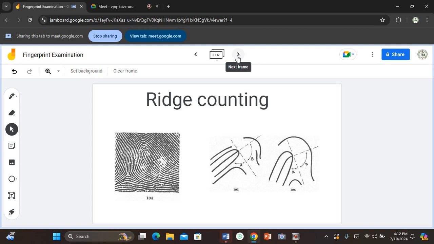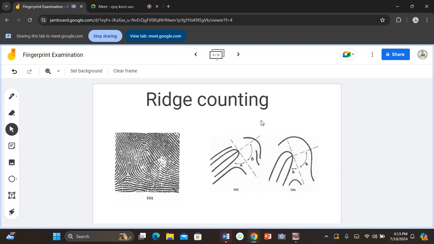So you still need to go further. By doing so, you can locate the data, you can locate the core, and the number of ridges between them, which we call ridge counting. Then later we'll talk about other means. But if you're able to locate those three things, the job will be so easy for you.